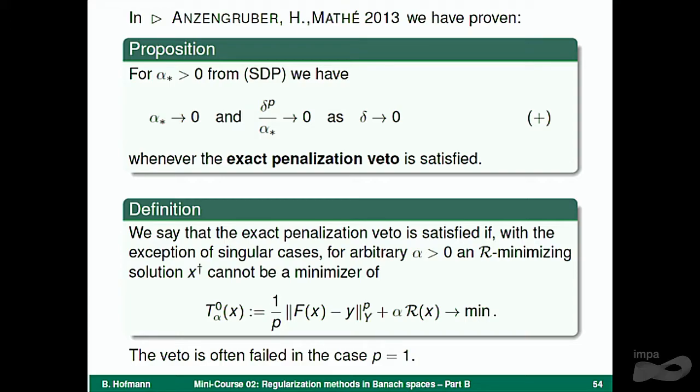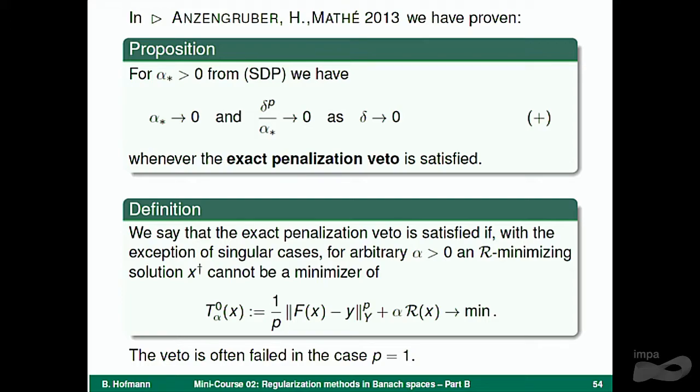So in principle, it works well. One can show that alpha goes to 0 and delta to the p divided by alpha goes to 0, with the exception of one case we called the exact penalisation veto.